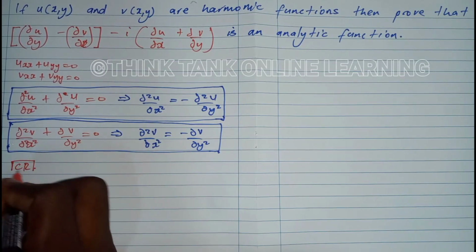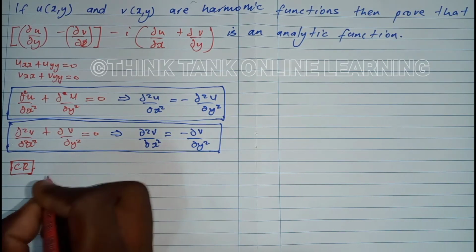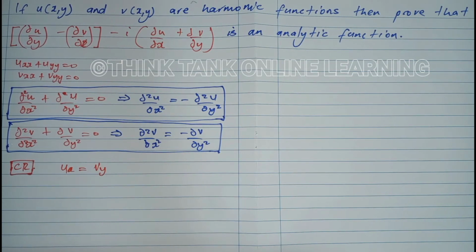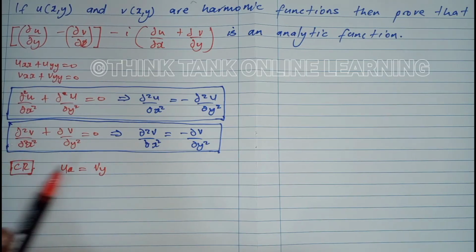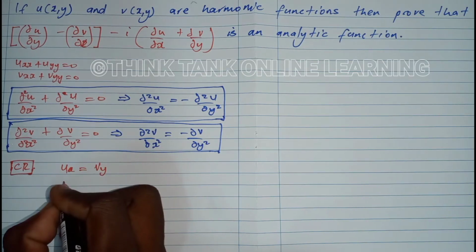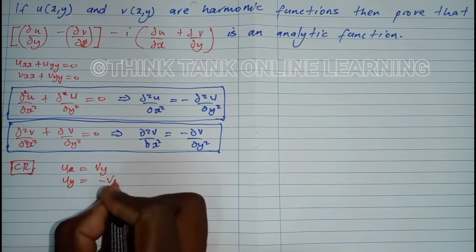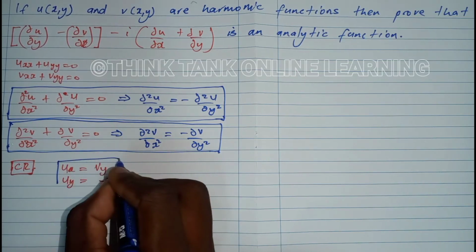I'm assuming you are familiar with them, but I'm going to write them here anyway. The first one is u_x equals v_y, so the partial derivative of the real part with respect to x should equal the partial derivative of the imaginary part with respect to y. The second is u_y equals negative v_x. If these equations are satisfied, the function is analytic.